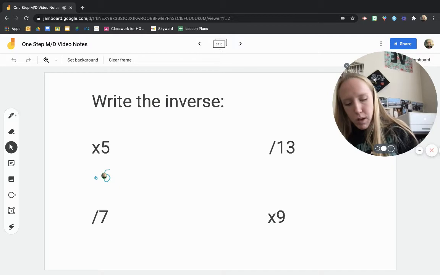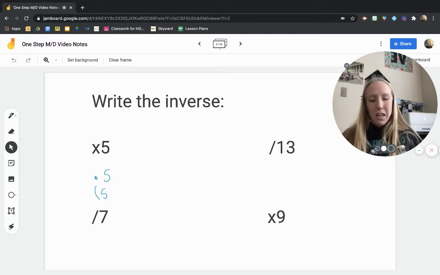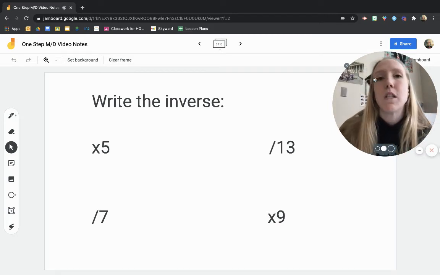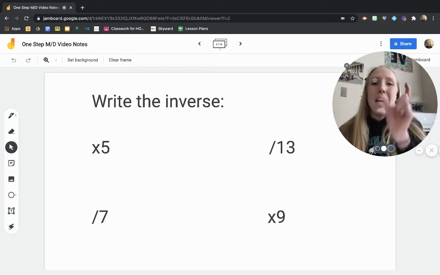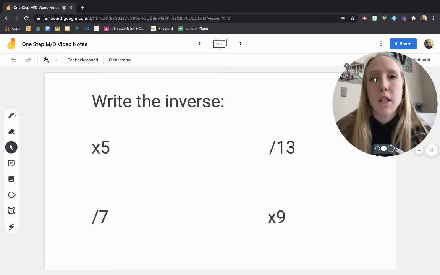You might see it with parentheses, or you might not see anything at all. You might just see it smushed right up against the letter. But know that there's a bunch of different ways to show multiplying. And if anything is smushed right up against the variable, that is multiplication.